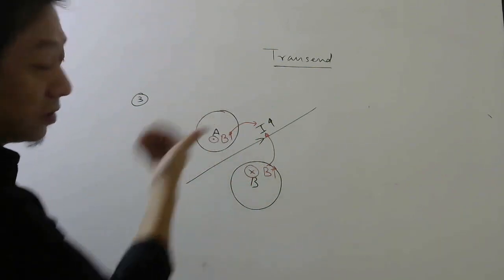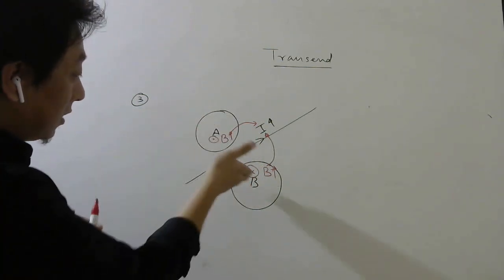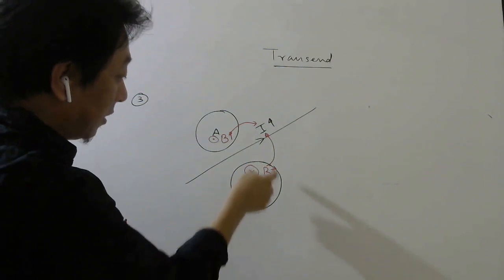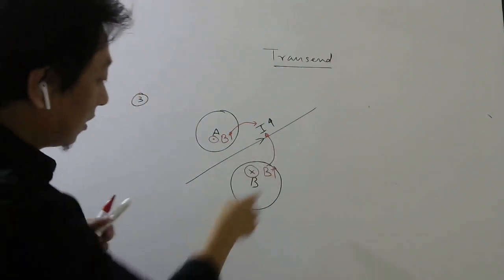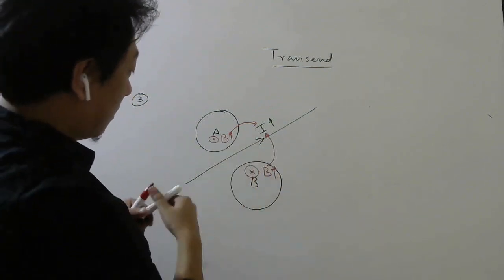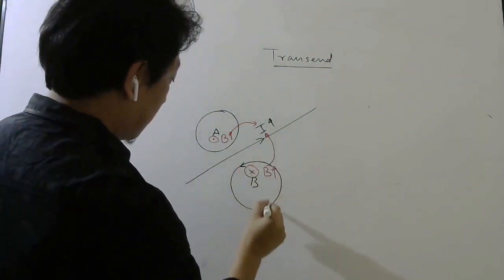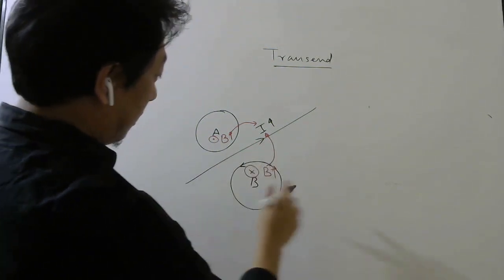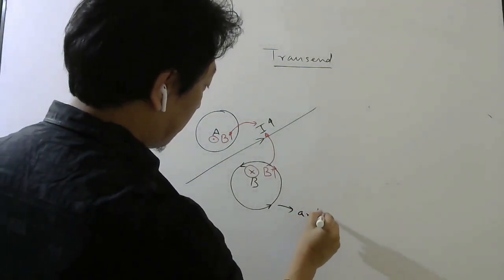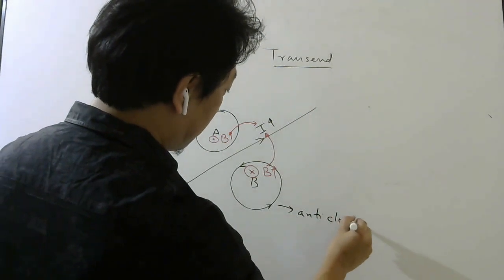Here in, here out. So if this magnetic field is increasing, to oppose that, the induced current should produce this magnetic field. So the induced current here should be this way. So is it clockwise or anti-clockwise? This is anti-clockwise. Right?